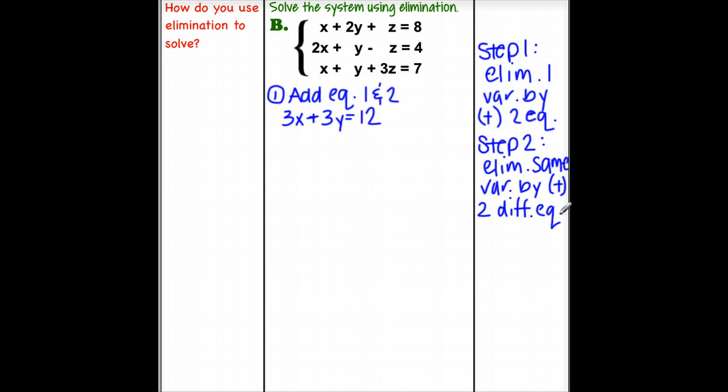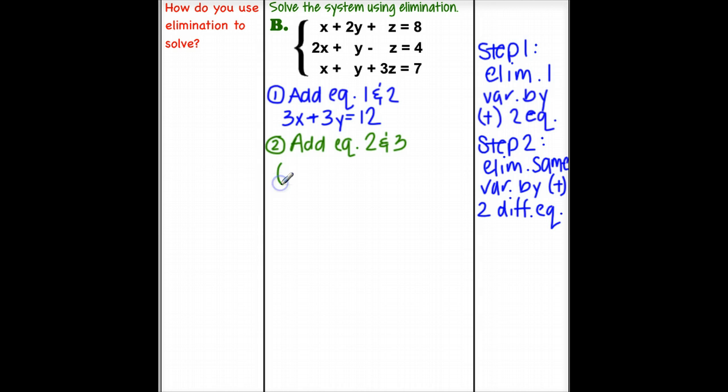When I look here, I see that my next two best bets are going to be equations 2 and 3, because I want to get rid of z, and z is already negative in equation 2. So I'm going to write down to add equations 2 and 3. I'm going to do that by multiplying the second equation by 3, so that way I have negative 3z and 3z.